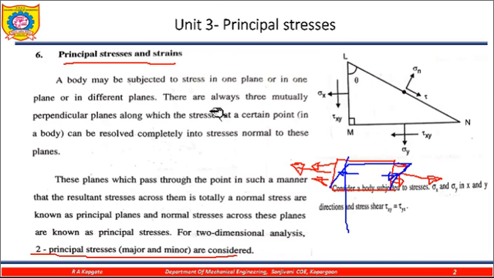You know very well, these stresses are applied not on one plane but on two planes, meaning a two dimension problem. So there are always mutually perpendicular planes along the axis. Now here there is no z axis.